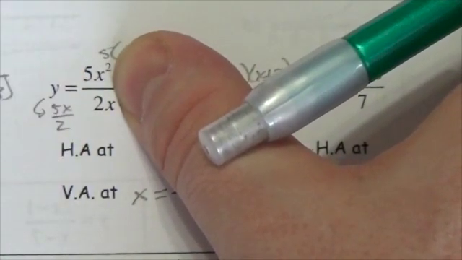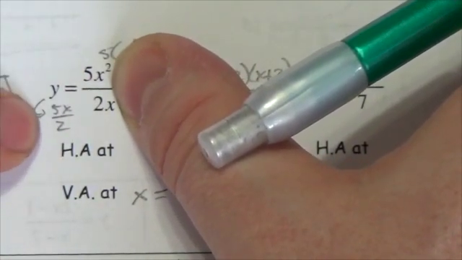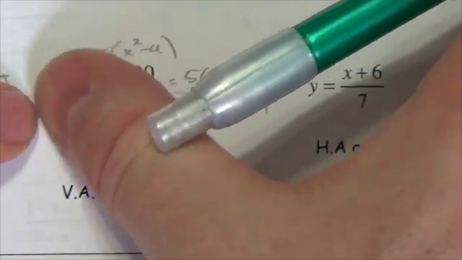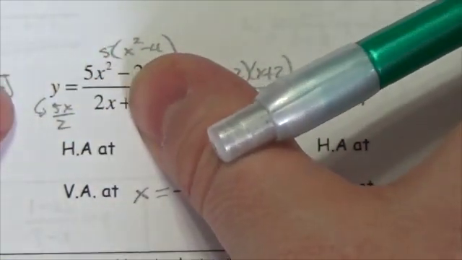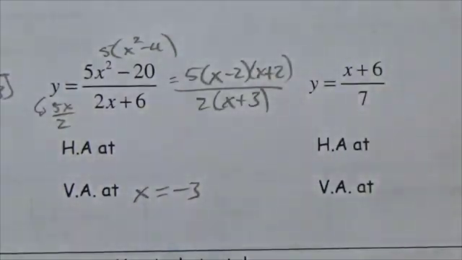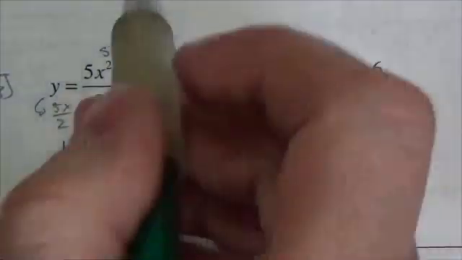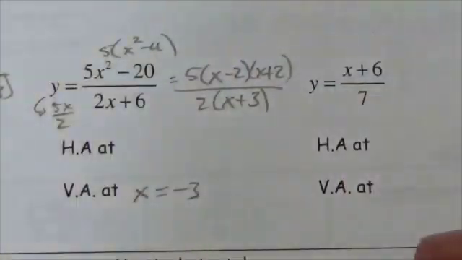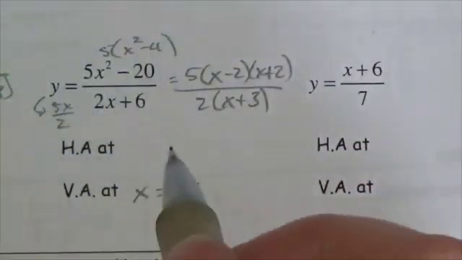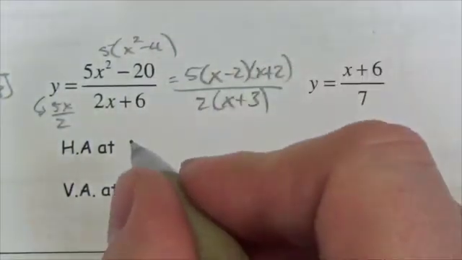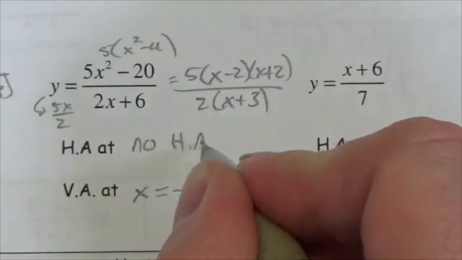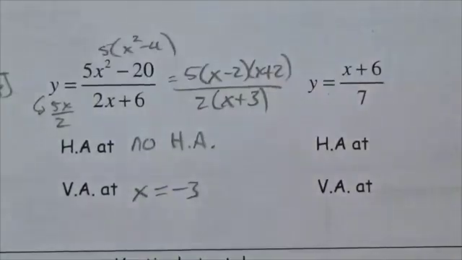It's just those two that I'm comparing. But now, if you let x get large, well, that ratio gets large. It doesn't tend towards any one value. It just gets larger and larger and larger. In other words, the numerator here is going to grow substantially quicker than the denominator, which means there's no horizontal asymptote. Okay? Just doesn't exist.